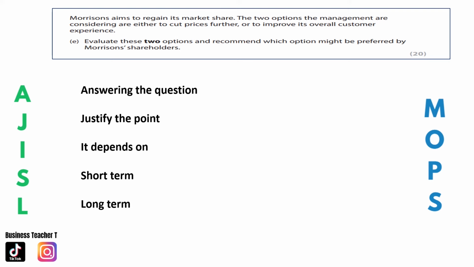So you might choose cut prices further, or you might choose improve its overall experience. Neither are wrong, it's how you justify it. In order to make sure that you have an effective recommendation that can help bring you into those higher grade boundaries, I suggest that you apply EDEXCEL and one aspect of MOPS.